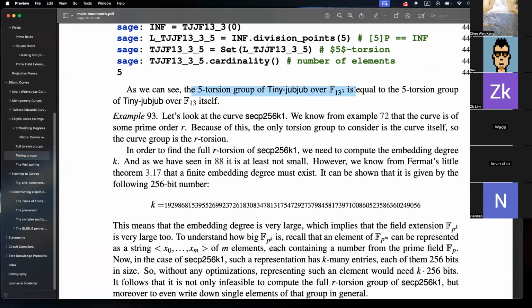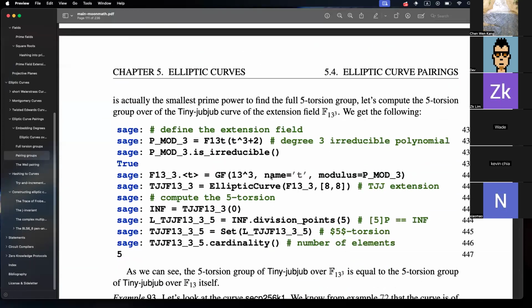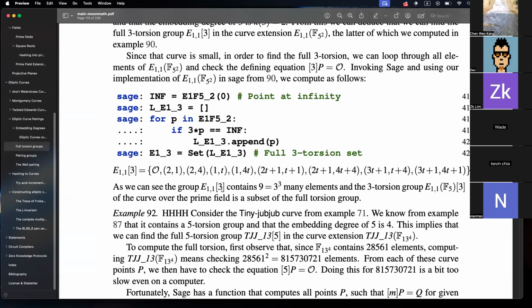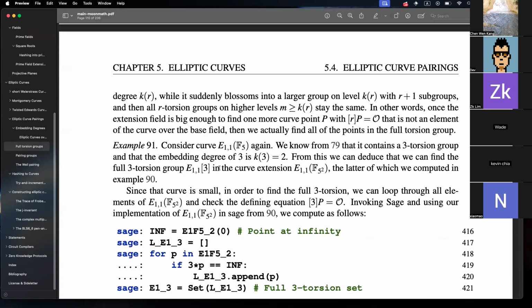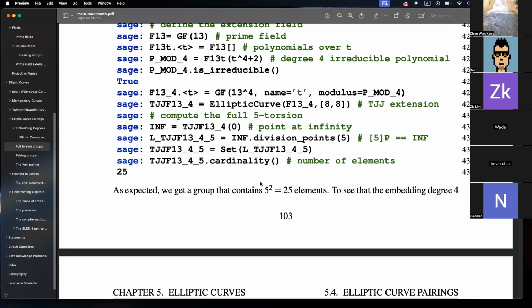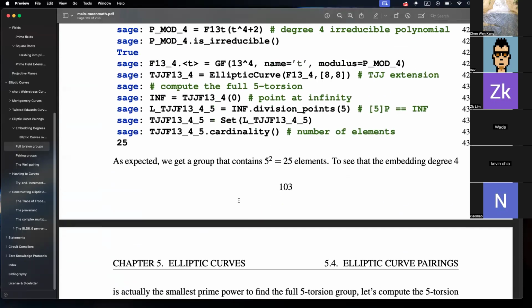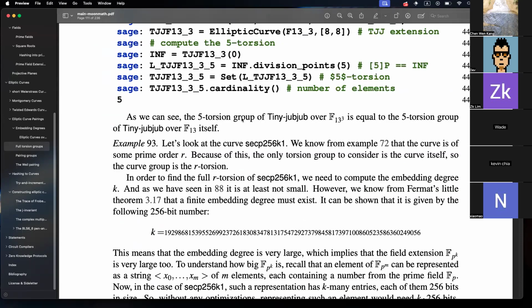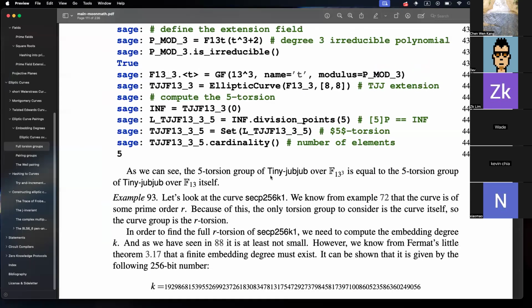So the r-torsion group over this is equal to the r-torsion group of Tiny Jubjub over the base field. They were calculating a torsion group for Tiny Jubjub over this prime extension field.